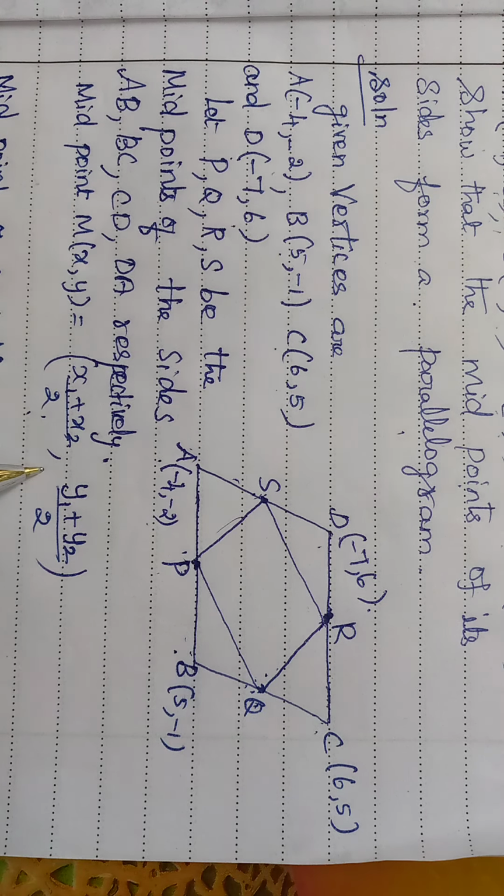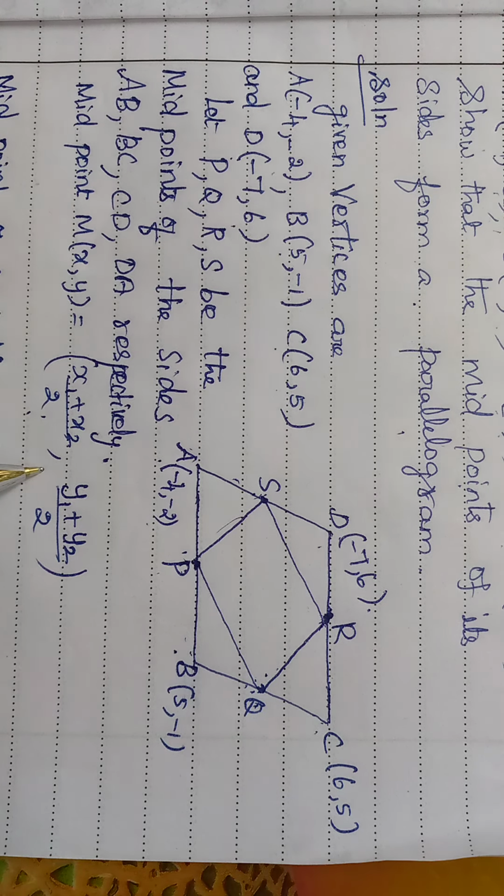Midpoint of AB, that is A of (-4, -2) and B of (5, -1). So here x1 equal to -4, y1 is equal to -2, x2 equal to 5, y2 is equal to -1. So midpoint of AB equals, shall we substitute? (-4 plus 5) divided by 2 comma (-2 plus -1) divided by 2.